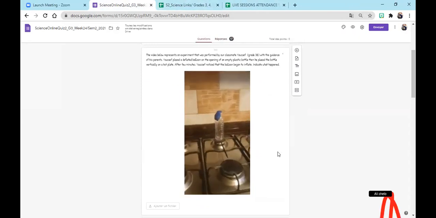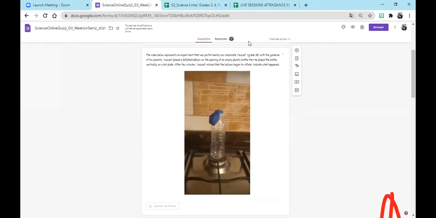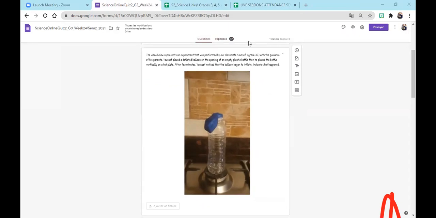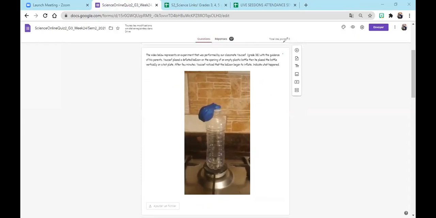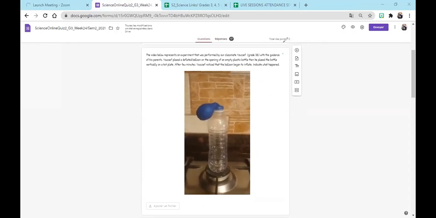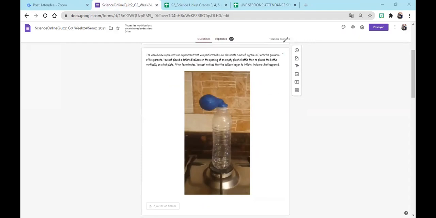This is the experiment that Yusuf Darwish did at home. Yusuf had an empty plastic bottle with a balloon on the top. After putting the bottle on a hot plate, the balloon inflates.